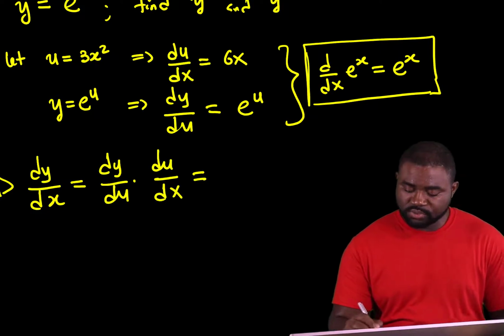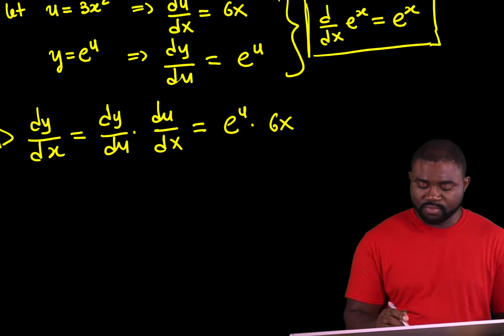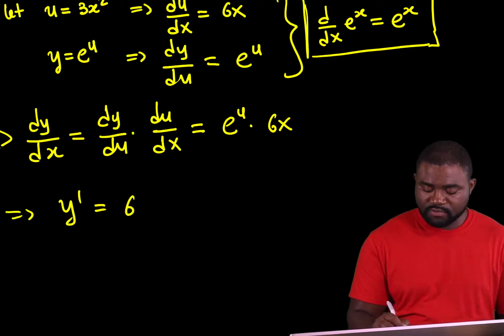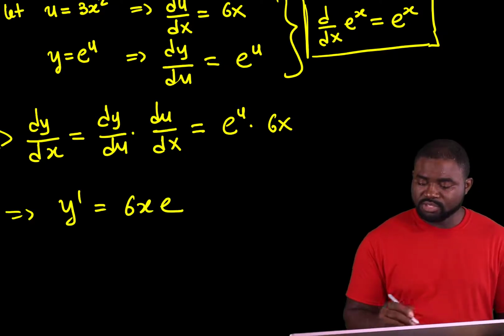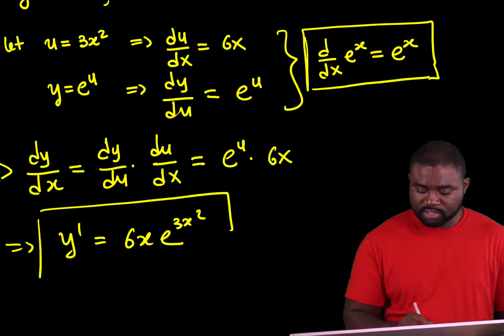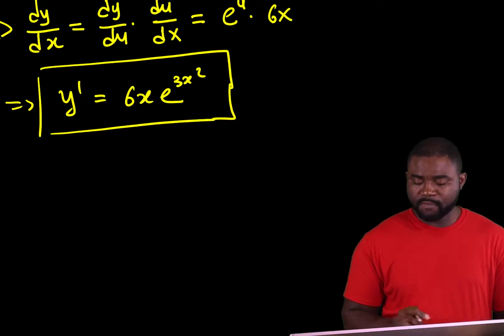Dy du is e raised to the power u. Du dx is just gonna be 6x. This would mean that y prime is 6x e raised to the power 3x squared. This right here is y prime.